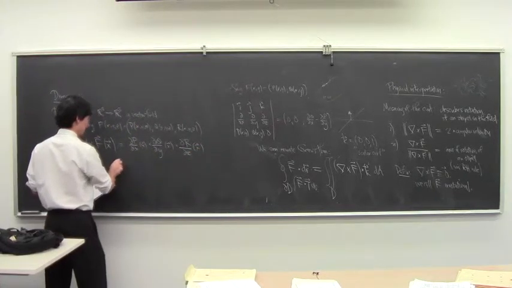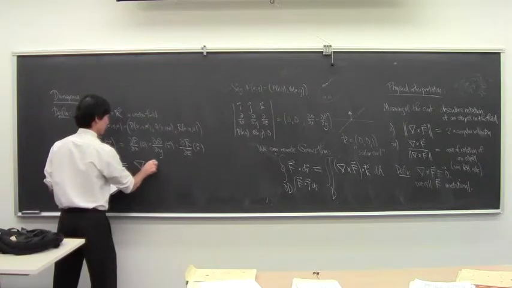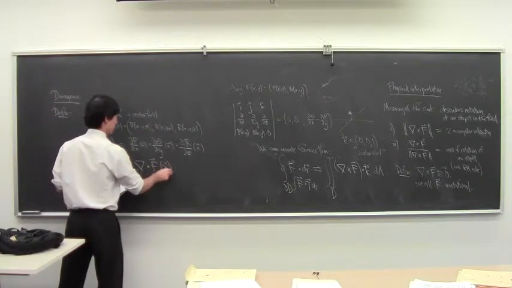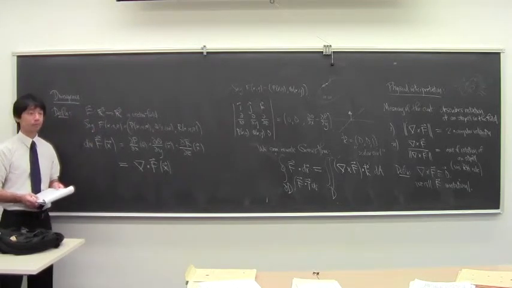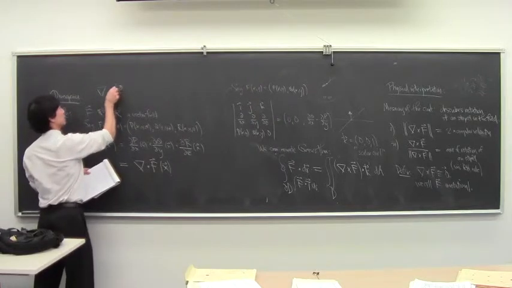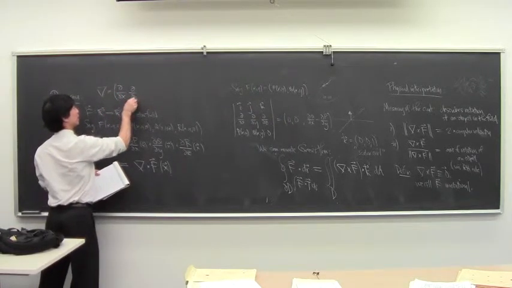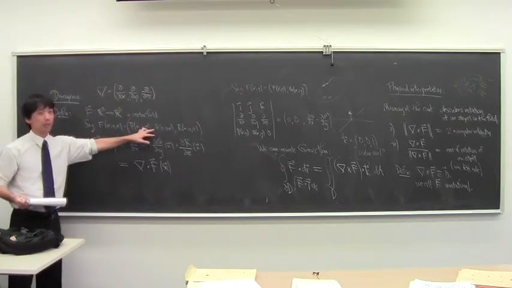The mnemonic is that this is the dot product of the del operator against f. Remember, the del operator is this d/dx, d/dy, d/dz, and we take that thing and dot it against P, Q, R.